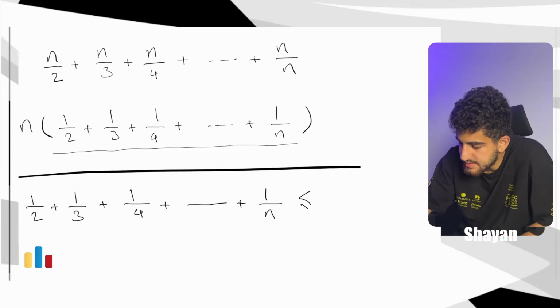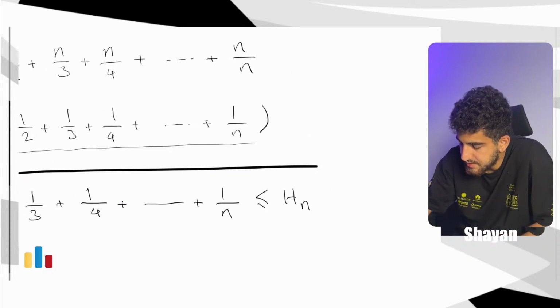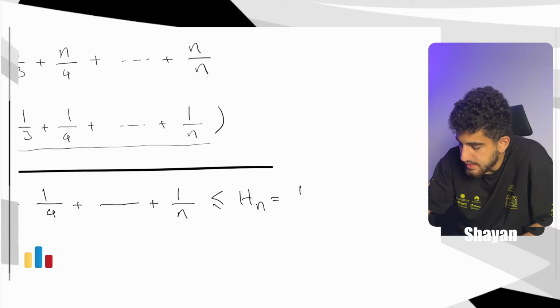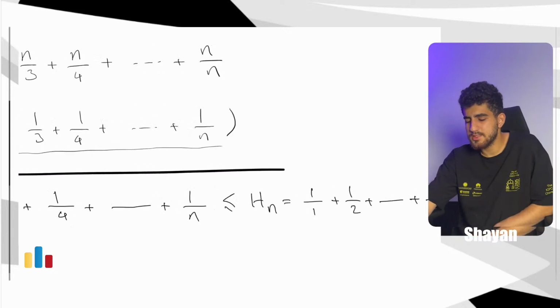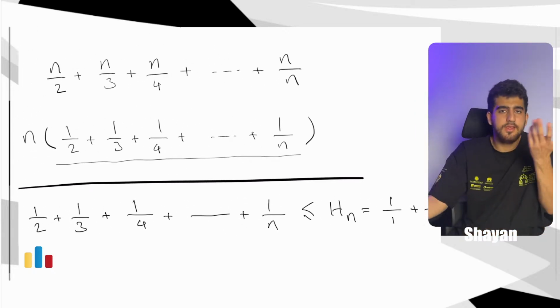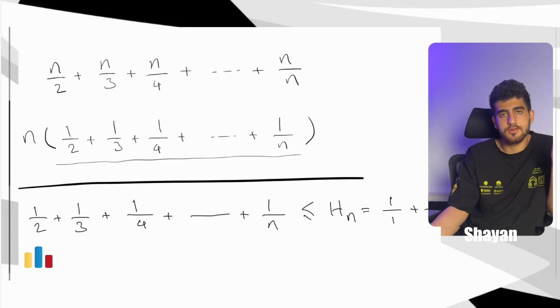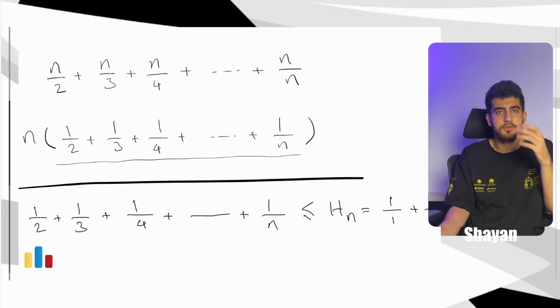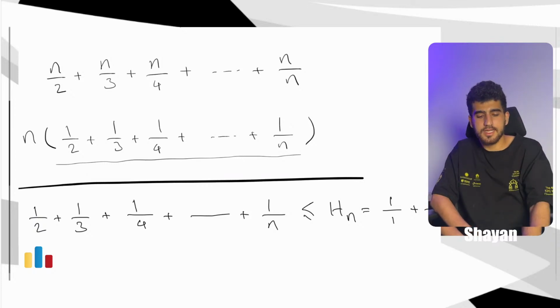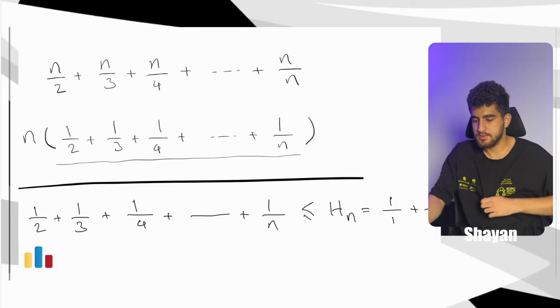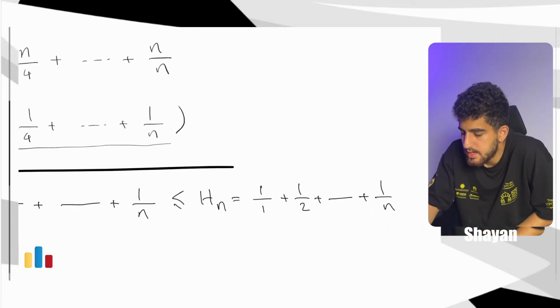This is less than or equal to H of n because the definition of H of n is 1 over 1 plus 1 over 2 up to 1 over n. So it is completely the same thing, but it starts from 1. I mean, nothing will change. Let's just add 1 over 1 to it as well. It just becomes a bit greater.